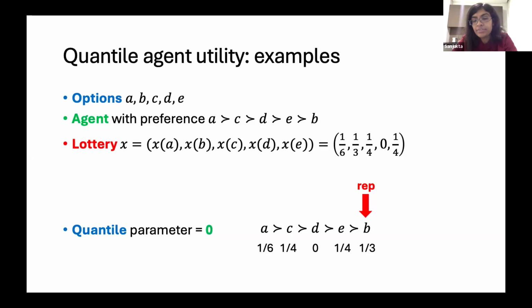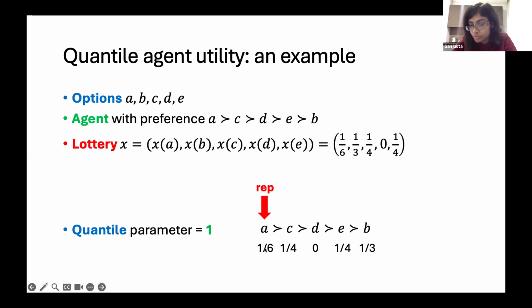If the quantile parameter is 0, the representative is the worst option with positive probability, so B would be the representative for this agent. If the quantile parameter is 1, it is the best option with positive probability. The top choice has positive probability, so A would be the representative.